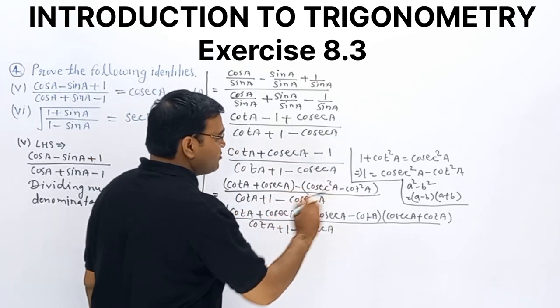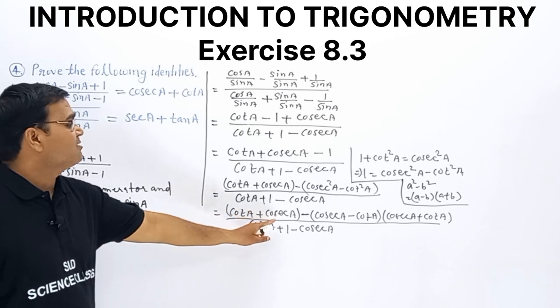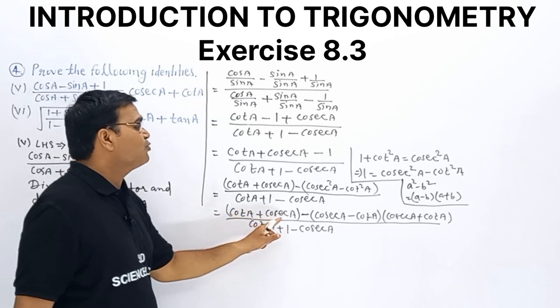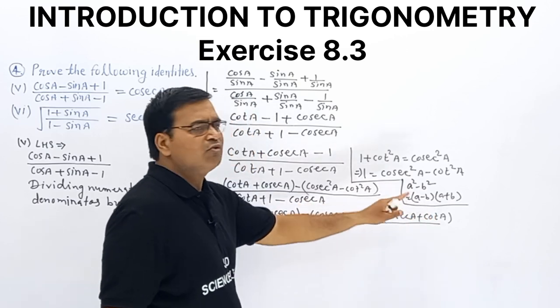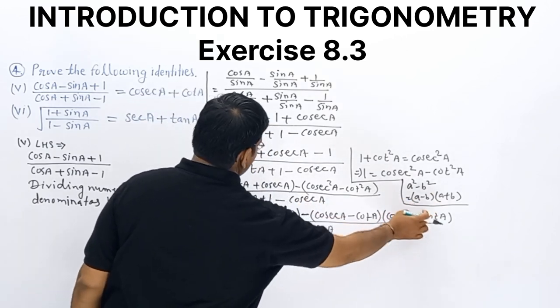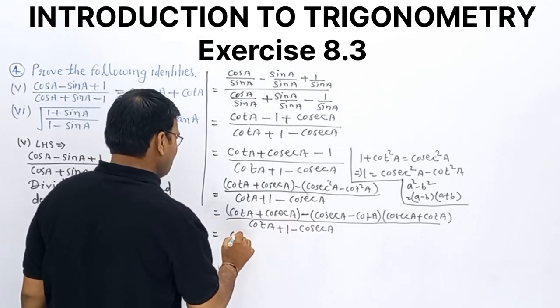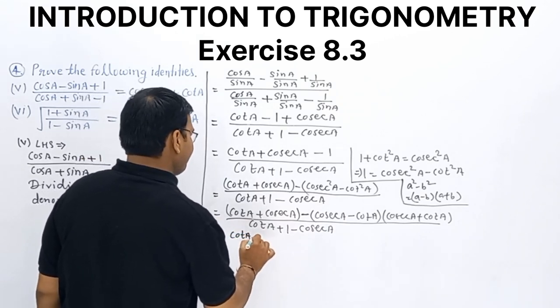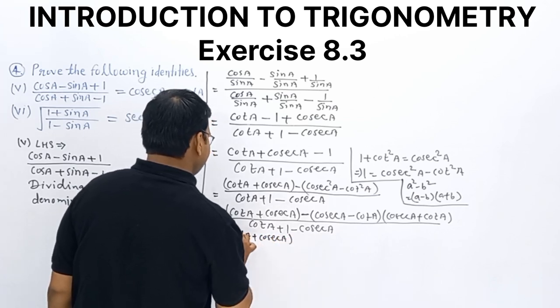In both terms what is the common? Cot A plus cosec A. There is also cosec A plus cot A, which can be written as cot A plus cosec A. Commutative is applicable. So both terms will be the same, and we can take cot A plus cosec A as common.